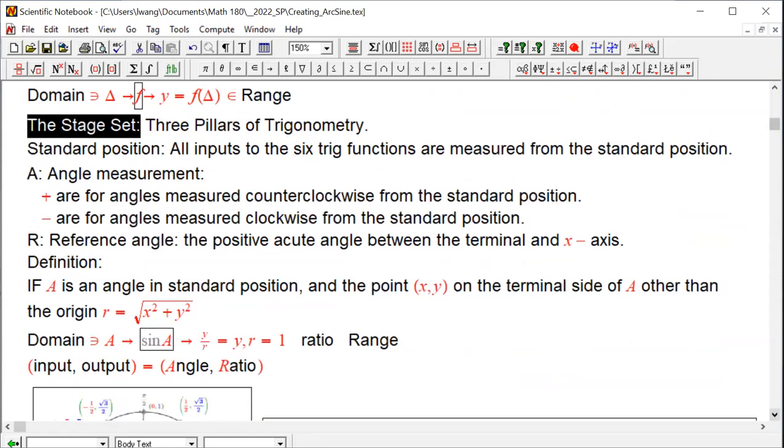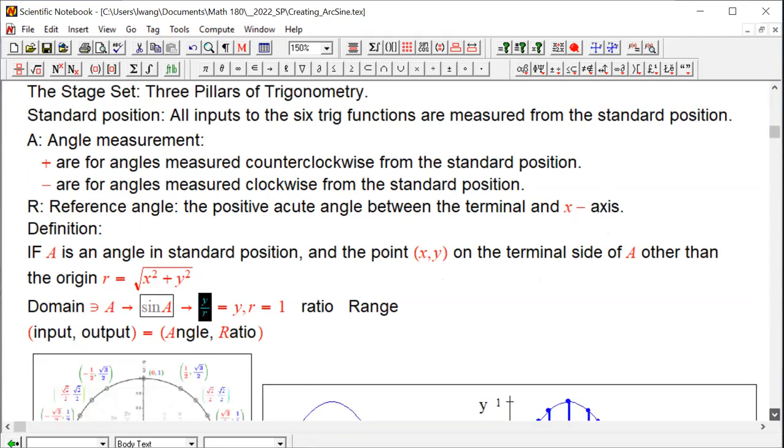Last time, we were primarily discussing the sine function. We know that the sine function takes the input of any angle, any real number, taken as radians, and for each angle produces exactly one ratio.